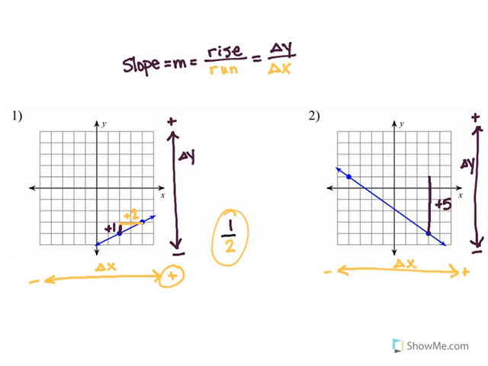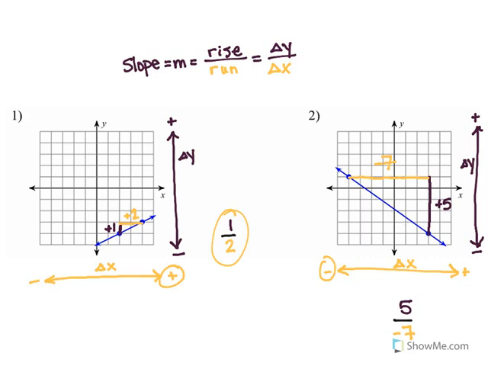Now we're going to do our change in x, and I'm going left 1, 2, 3, 4, 5, 6, 7. Left is negative, so it's negative 7. So now I'm going to have 5, because my rise is 5, over, now we need our run, and our run was negative 7 because we went left.